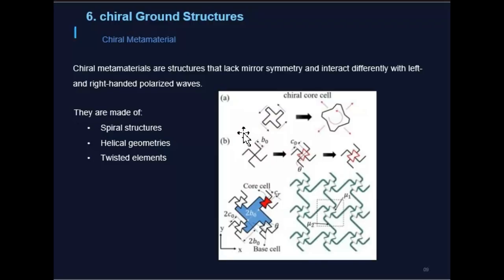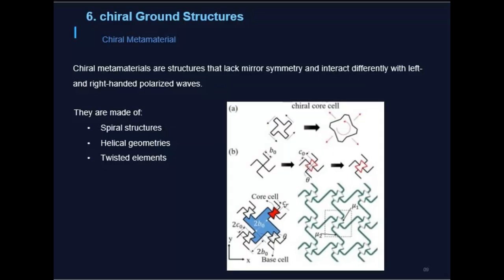So mostly they are used in polarization applications or optical activity. When we pass an electromagnetic wave through these chiral structures, they will change the polarization of the wave, or we can say they are used for polarization rotation.